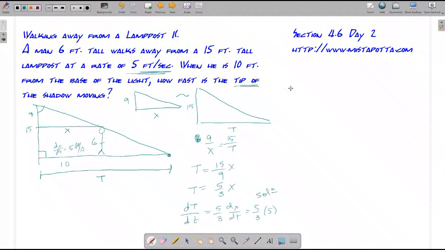So I need to write the tip of the shadow is moving at 25/3 feet per second.